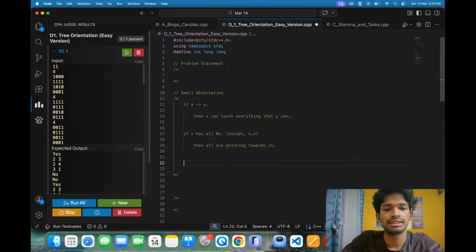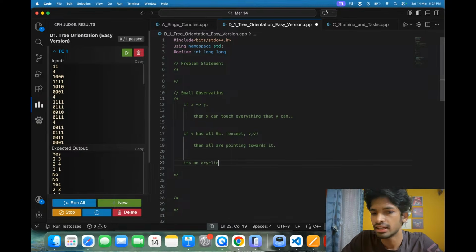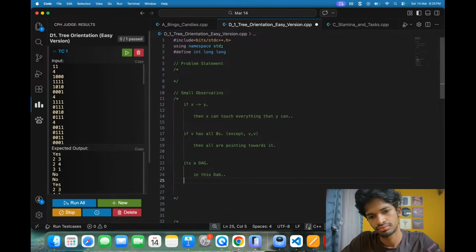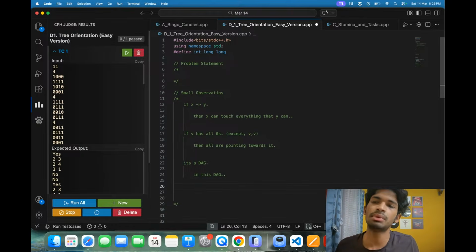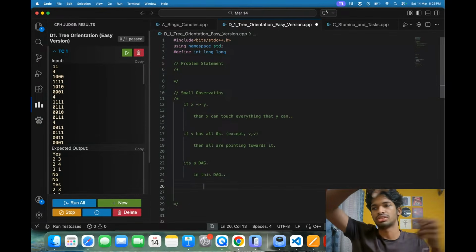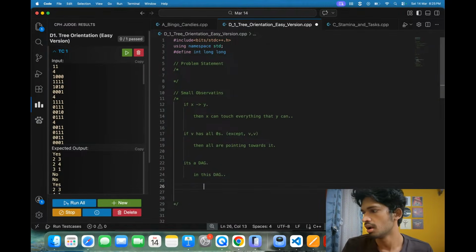So one thing, it's an acyclic graph. It's a DAG, a directed acyclic graph. It's very similar to a DAG, but it's acyclic too.